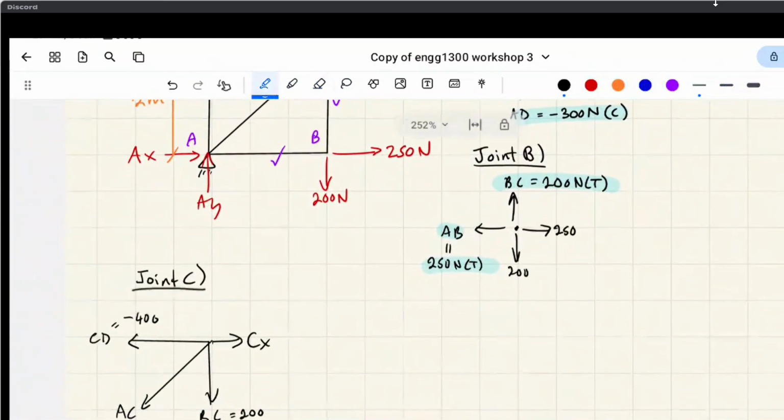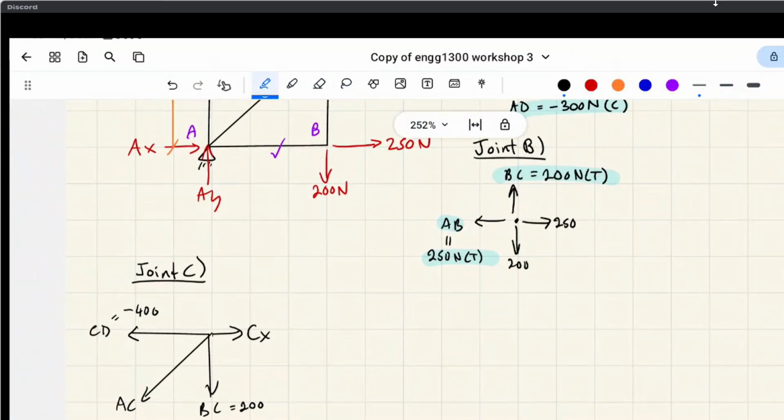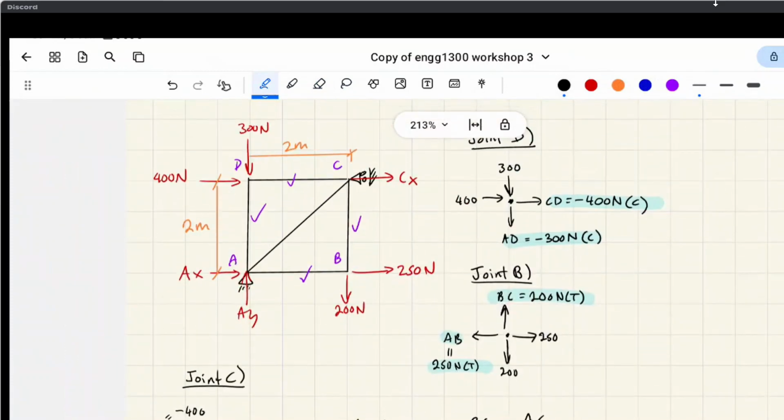up with two unknowns. But if we take, as in the support reaction that we didn't solve for, but if we take the sum of the forces in the y direction, we can do this neat little trick. This is 45 degrees, right? Because it's 1 to 1, 2 meters, 2 meters.